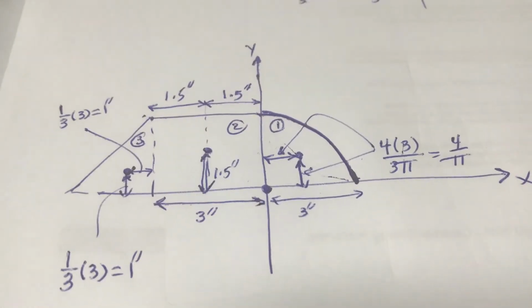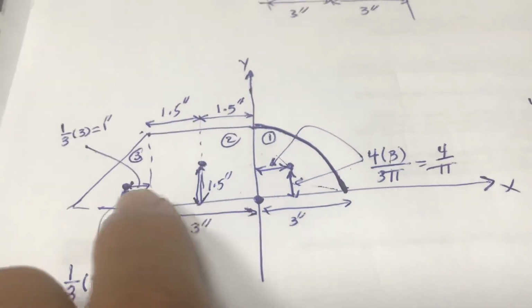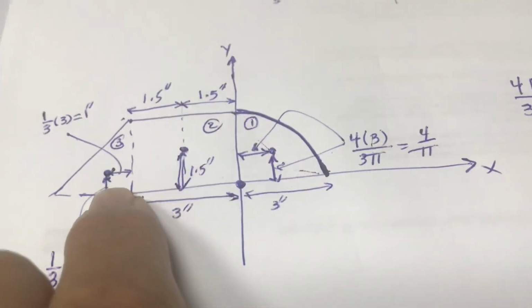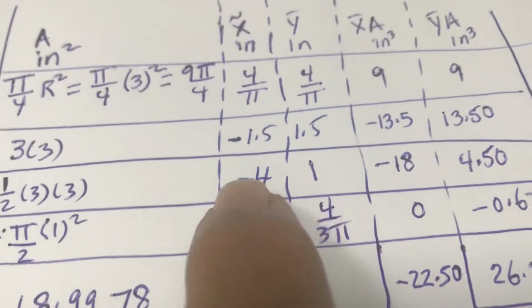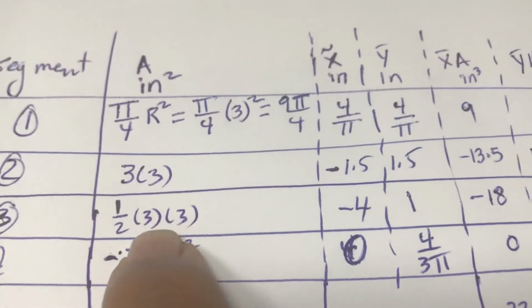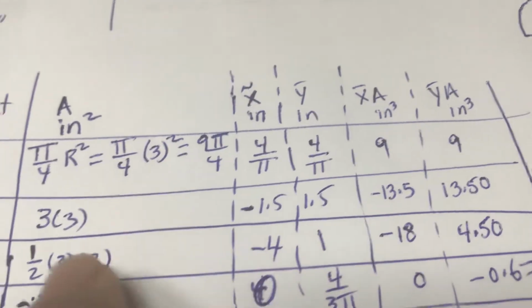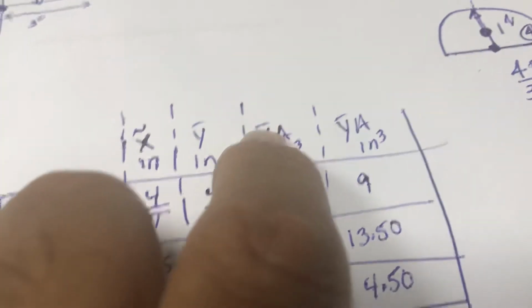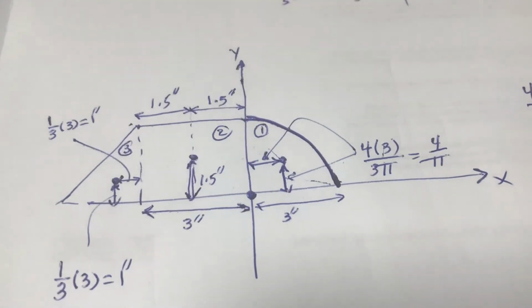And on the other side, the y bar is in the positive y, so this is 1. So this times minus 4, that's minus 18, and this times 1, this is 4.5. So we find x bar A and y bar A for segments 1, 2, and 3.